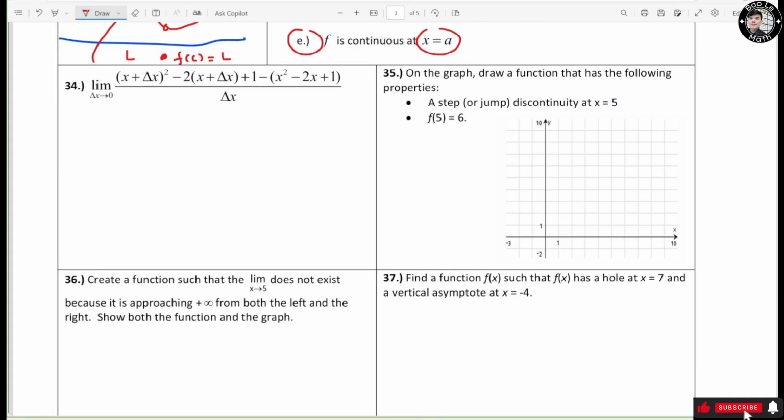Now let's move on to question 34. We need to find the limit of this expression. So we need to expand this one and simplify.